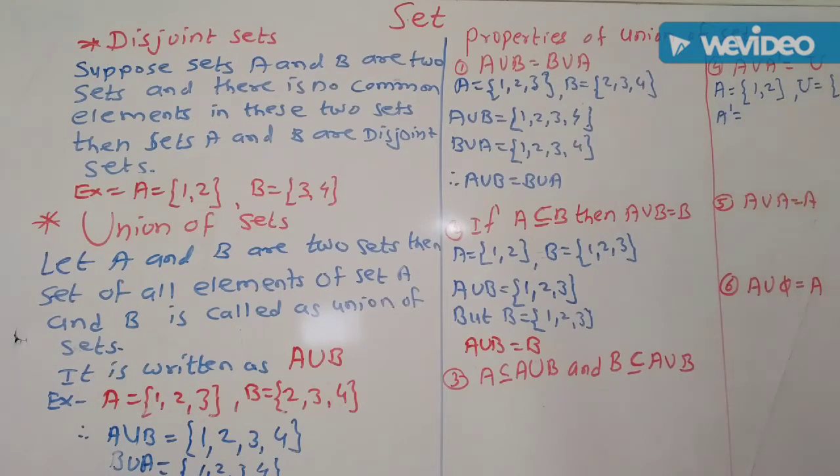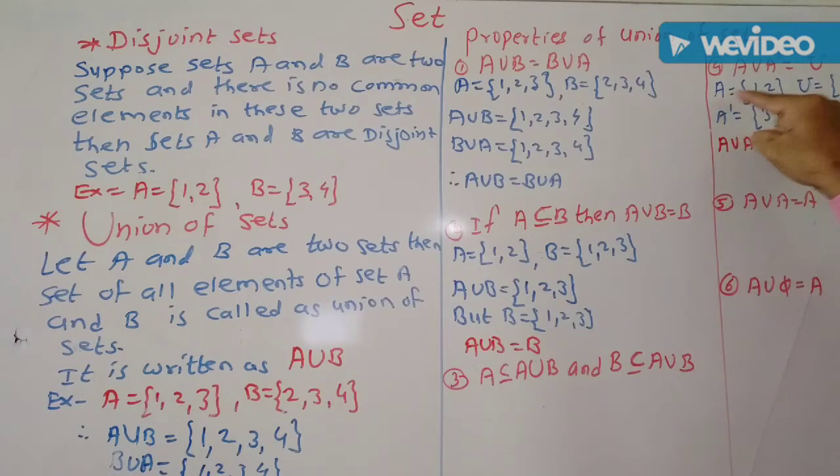Then complement of A. Complement of A means set of all the elements which are present in universal set but not in A, and then we get complement of A as 3. And if we take now A union complement of A, then we get union means set of all the elements in both the sets, that is 1, 2, 3.